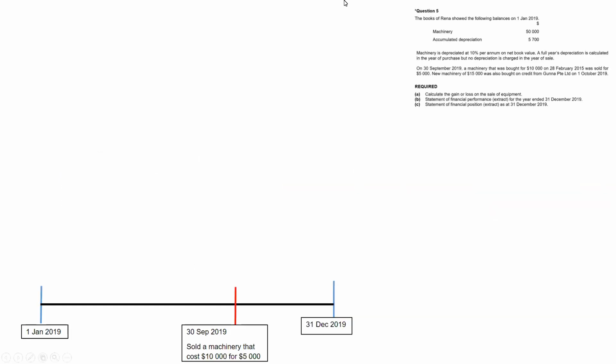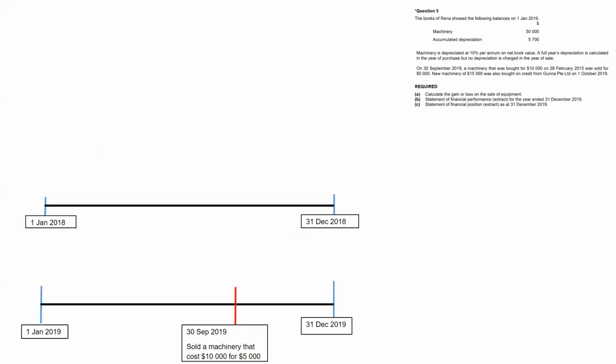So this is what happened again in the year 2019. What we need to do is work backwards to find out exactly which year is the year that we bought the machine. If I move back 1 year, it will be 2018, ending on 31st December.